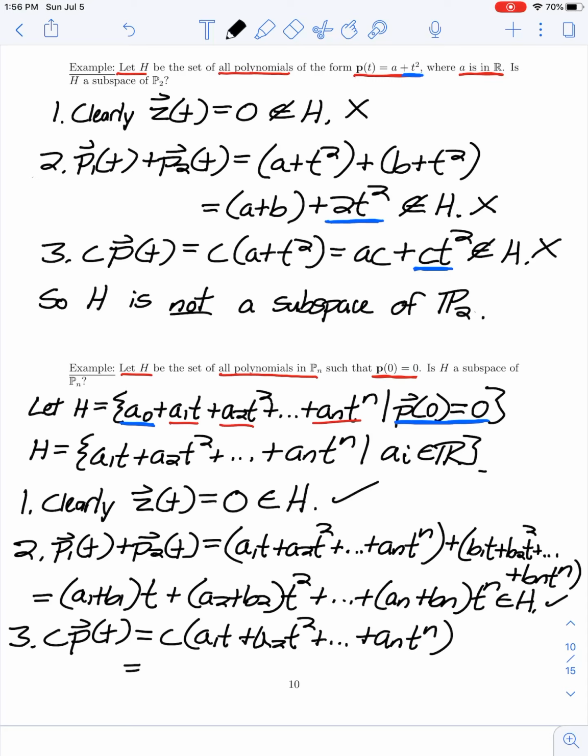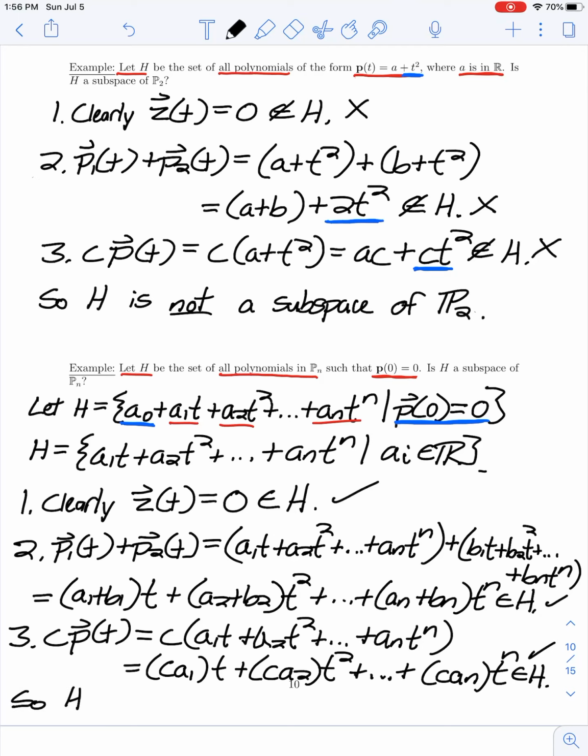And multiplying by this scalar, I would have the polynomial ca1 times t plus ca2 t squared, and so on up through c an t to the nth, which is clearly still in the set H, since its constant coefficient is still 0. So since it satisfies all three conditions of a subspace, we can say that H is a subspace of Pn.